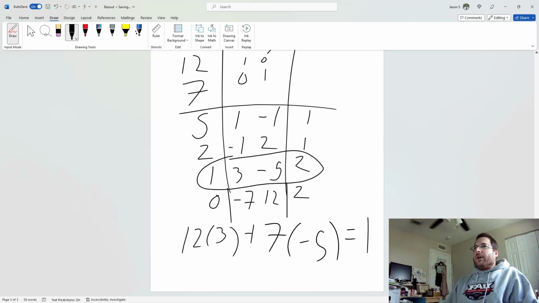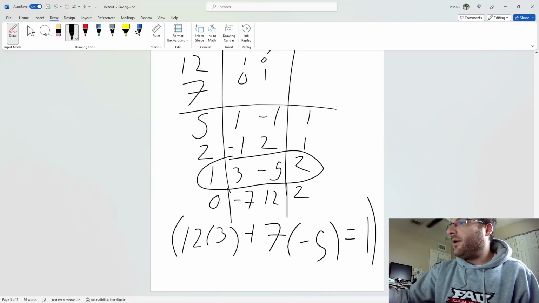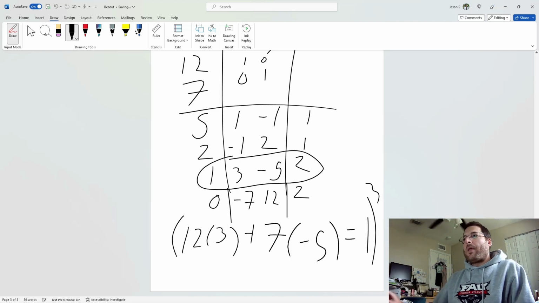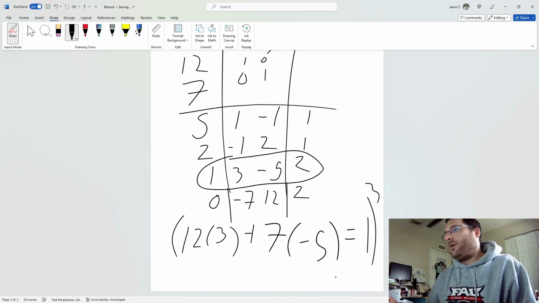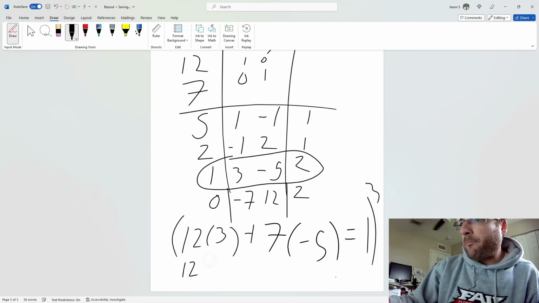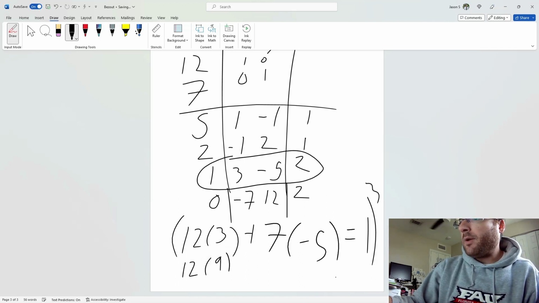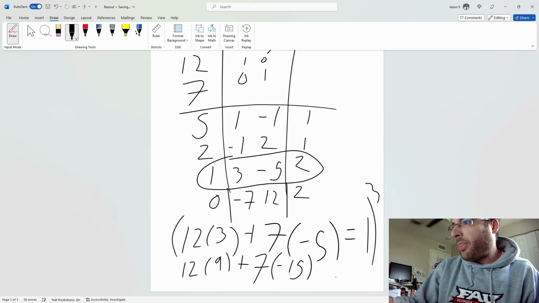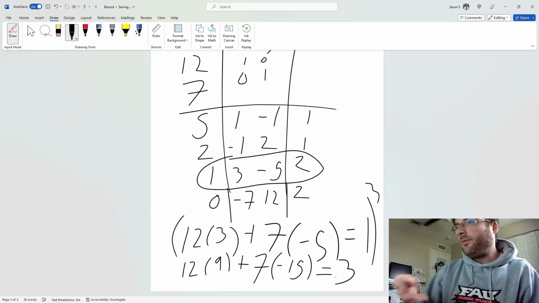Well, let's just multiply both sides by 3, right? Multiply everything by 3, and now we get 12 times 9 plus 7 times negative 15 is equal to 3.